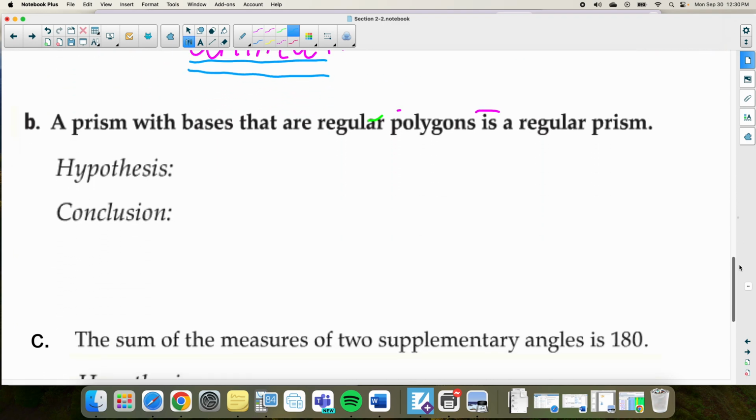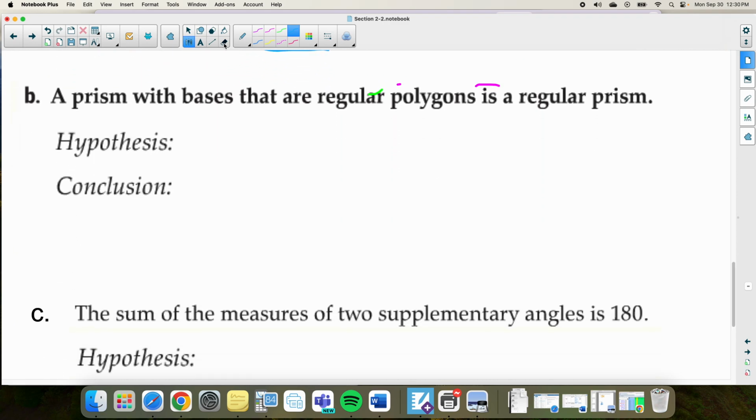Now let's go down to this one, and again you're trying to figure out where could I break this statement up into parts. So I'm gonna do it right here. I'm gonna use if with this part and then with the ending part. So here's what I'm gonna say. If you have, a lot of times that's how I start them, and you don't have to say it like that.